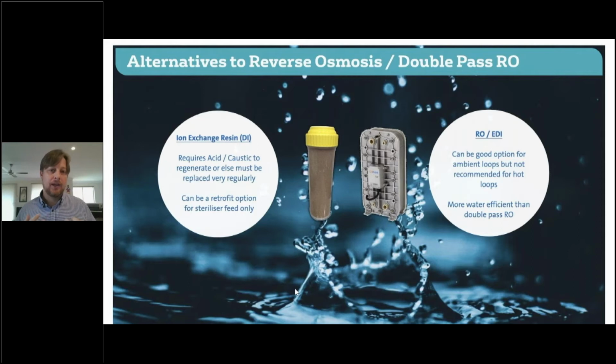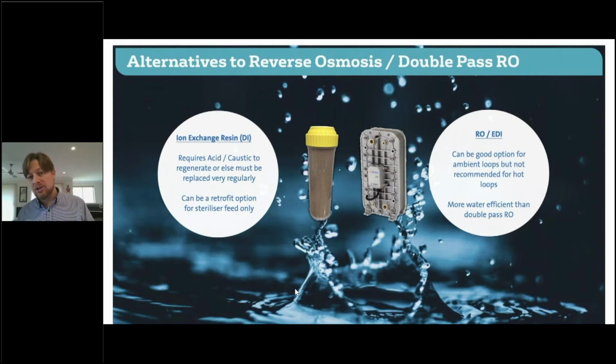But with resin, it is regenerated with an acid or a caustic wash, which obviously has then an acid or a caustic waste stream, or else you have to replace it. And the resin has a fairly short life. It can only hold so much on it, so it can be very costly if you're going down that way.